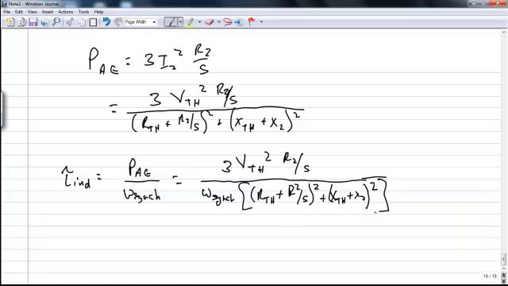Okay. And this equation leads to the torque speed characteristic curve that we derived graphically before.